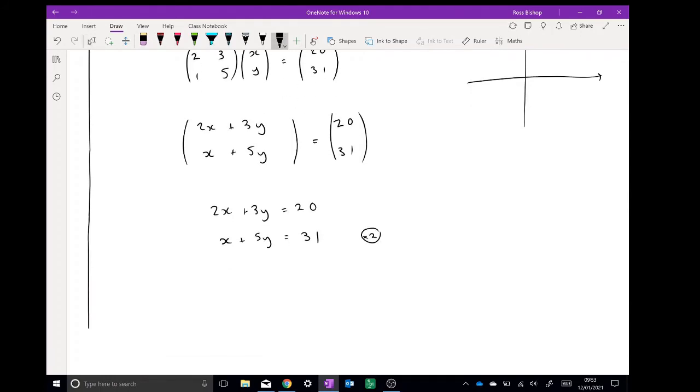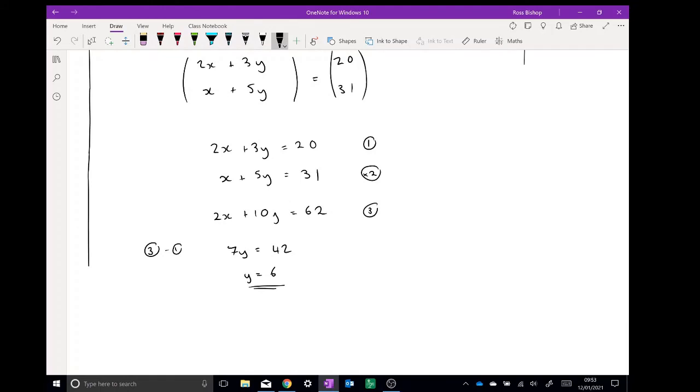If I times that second equation by 2, I get 2x plus 10y equals 62. Then if I do equation 3 minus 1, doing elimination here, I get 7y equals 42. My y coordinate is going to be 6. If I substitute that back into one of the equations, I get 2x equals 2.